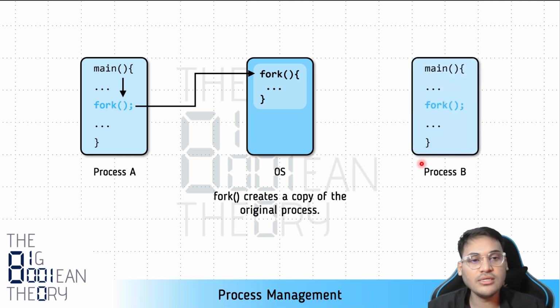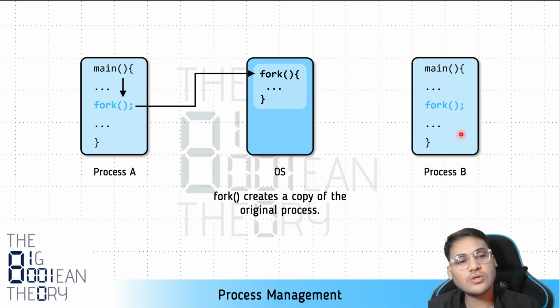Here you can see we have a new process, process B, and process B is the child process of process A. Process A is the parent process, and process B is the newly created process, or the child process. As we know, the new process, process B, is almost an exact copy of process A. When we say almost an exact copy, we mean that the code, everything is the same.